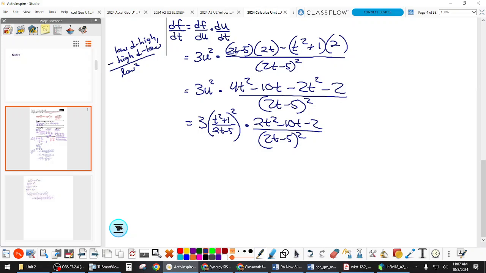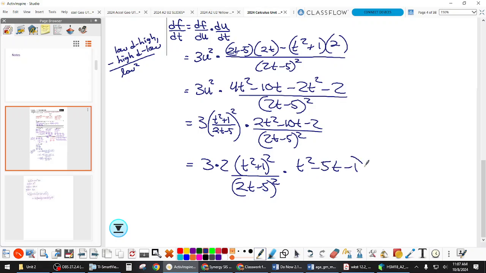Like if you take the t's and put them to the top and bottom, you can combine. Yep. Let's factor a 2 out of here. Okay.